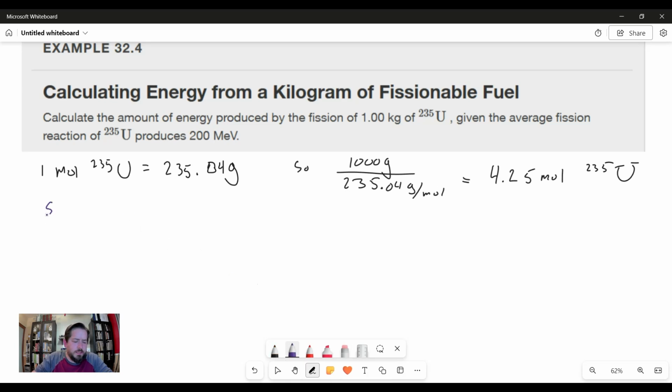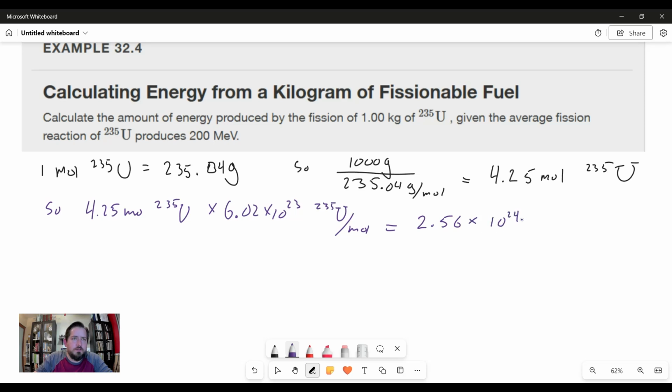If I take these 4.25 moles of uranium-235 and I multiply it by Avogadro's number, 6.02 times 10 to the 23 molecules of uranium-235 per mole, I get this number, 2.56 times 10 to the 24 uranium-235 atoms.